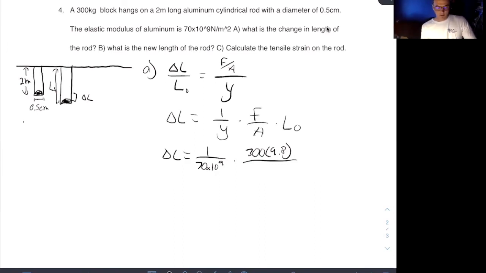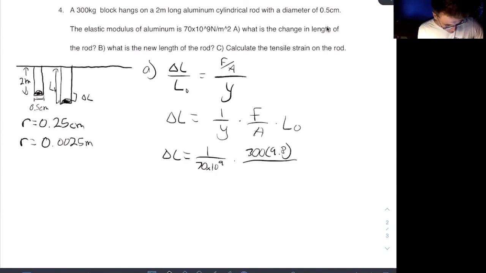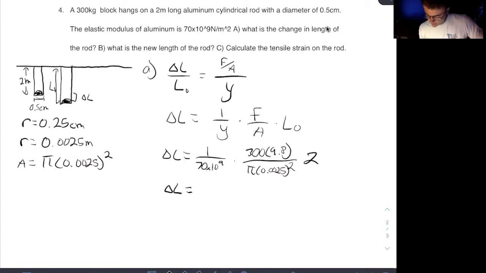And then the area of a circle is pi r squared, so the radius is 0.0025 squared. We'll just plug that in here, 0.0025 squared, and then the initial length, which is 2 meters. And when we solve, we're going to get a change in length of 4.278 times 10 to the -3 meters, right?